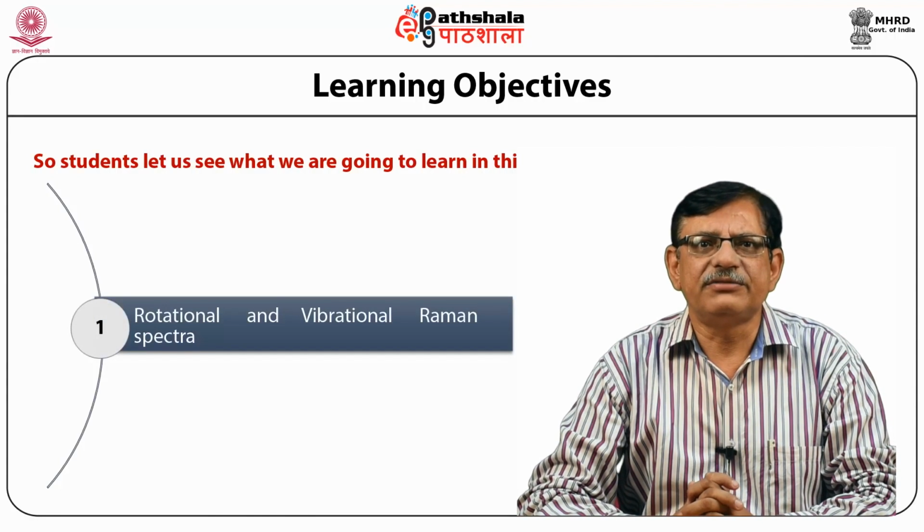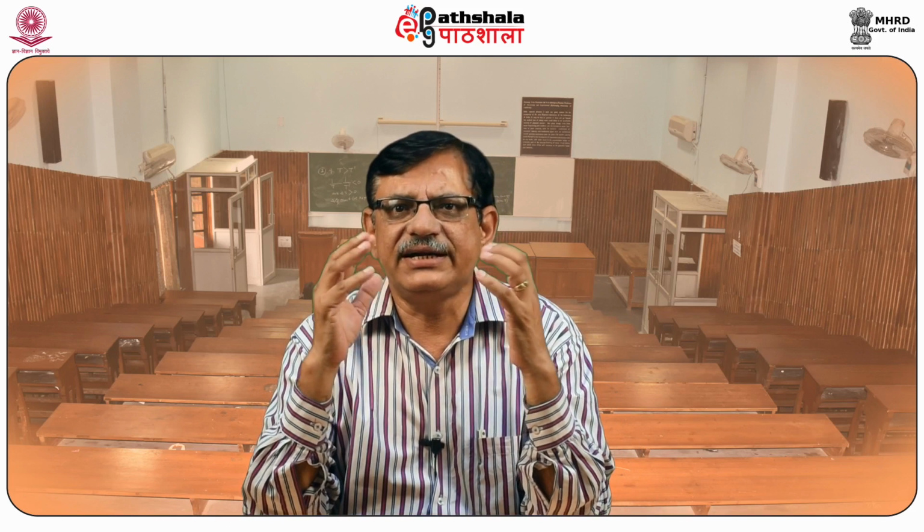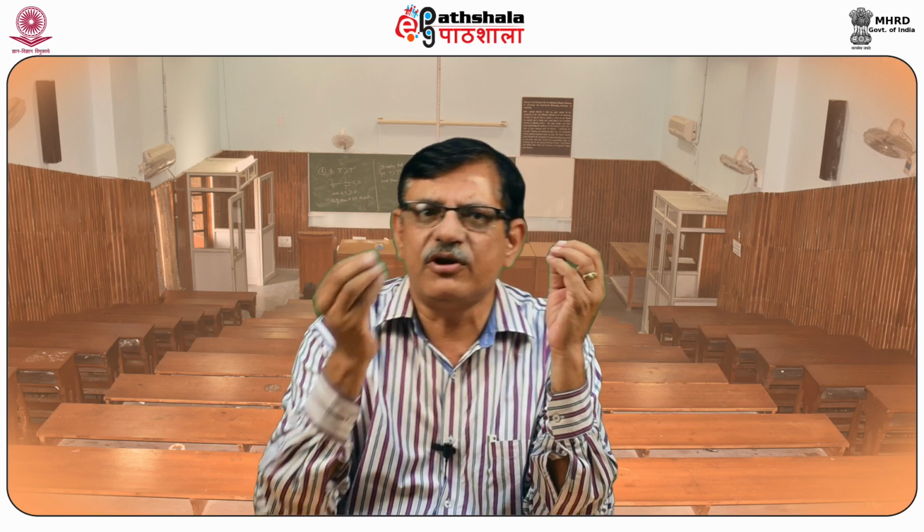spectra and Raman spectra. Raman spectroscopy is concerned with radiation scattering from a sample. This scattering occurs when an incident photon interacts with the electric dipole of a molecule. This scattering process can be either elastic or inelastic.